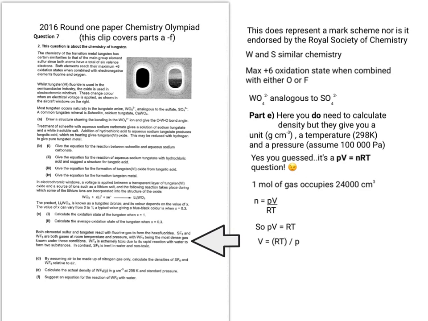So PV equals nRT, so n equals PV over RT. Sorry, 297.85. So we can now work out the volume, because we need to get the volume.